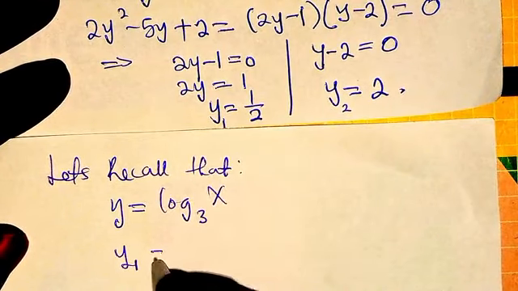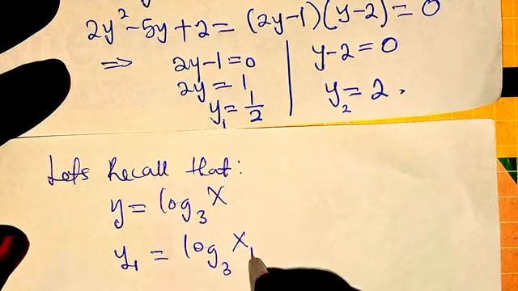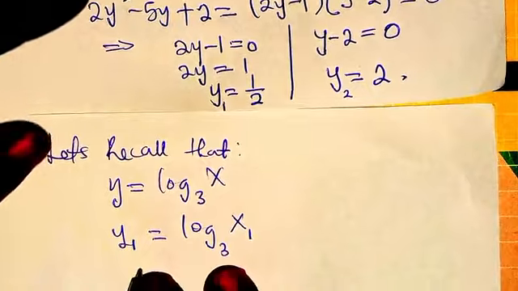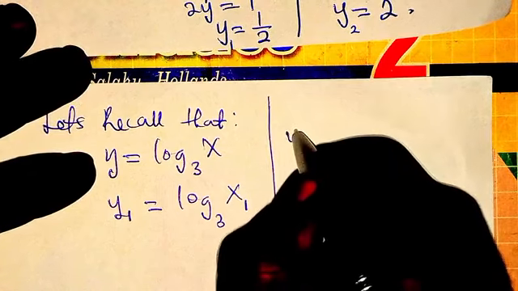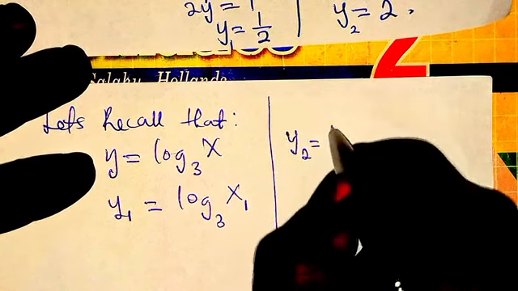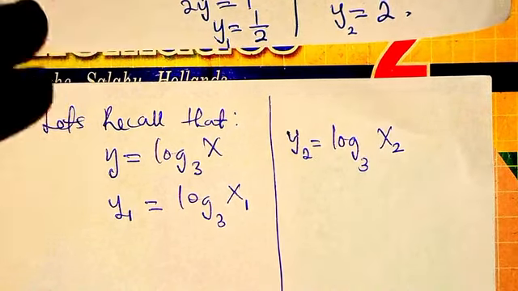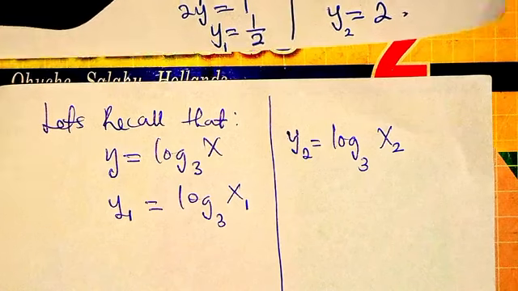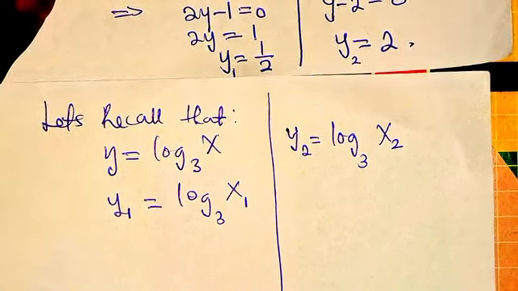For y1, log base 3, this will be x1, right? And for y2, that will be log 3 x2. So therefore, for the fact that we have two solutions for y, we're going to be having two solutions for x, right?